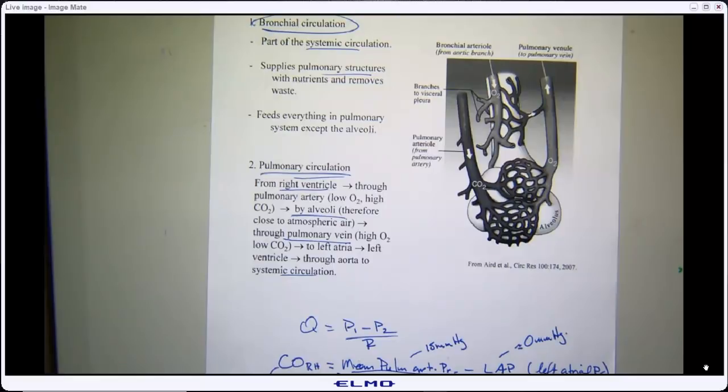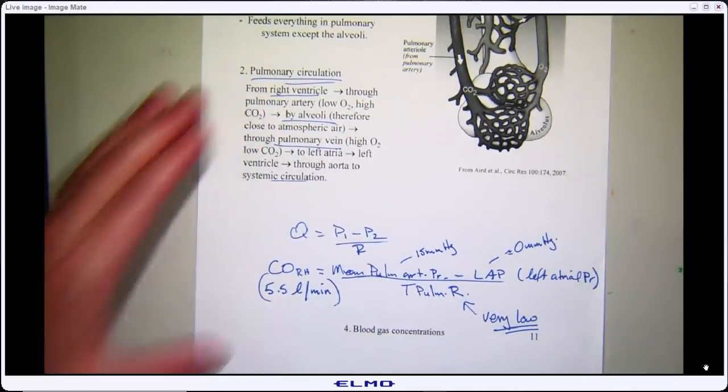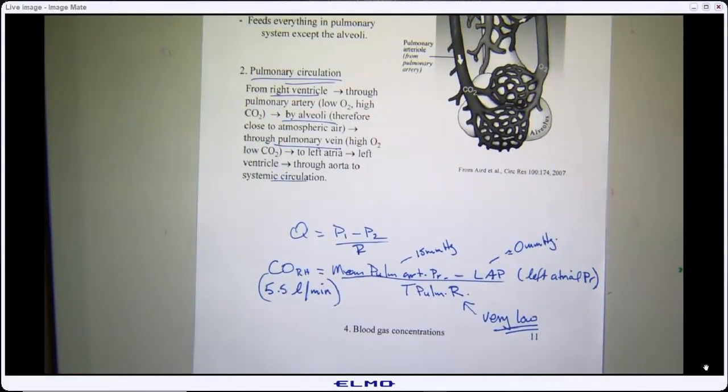On the bottom of this is a little example of why it didn't change a whole lot. The resistance in this pulmonary circulation has to be wicked low because of the task at hand: 1 vascular bed, 5.5 liters of blood, and a low pressure gradient for flow.